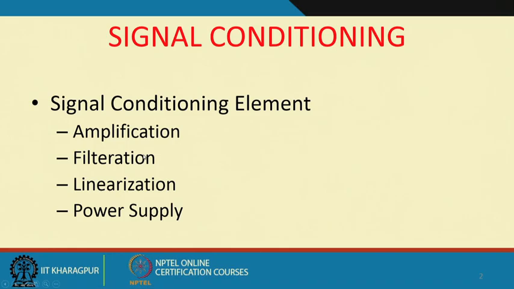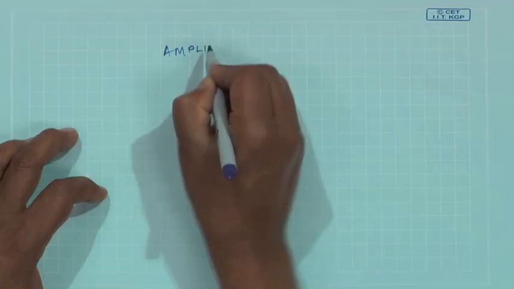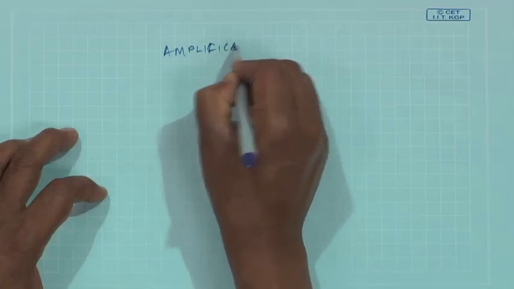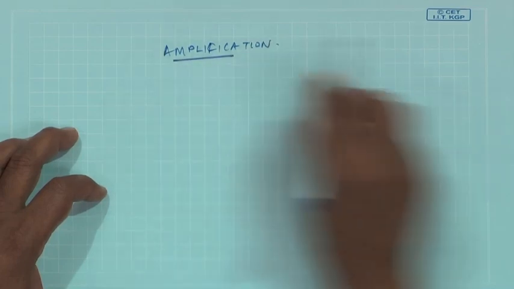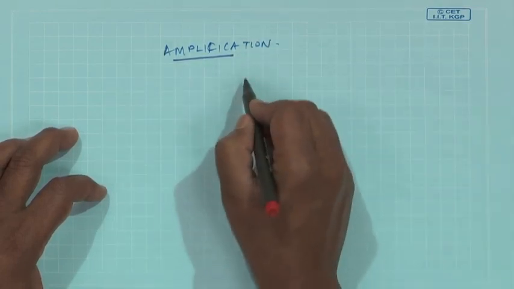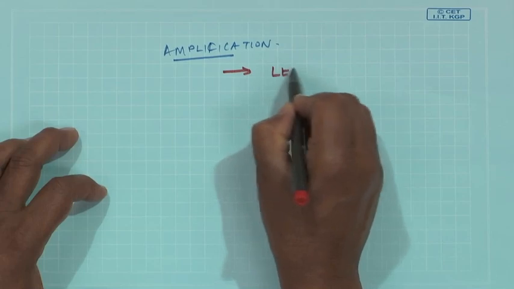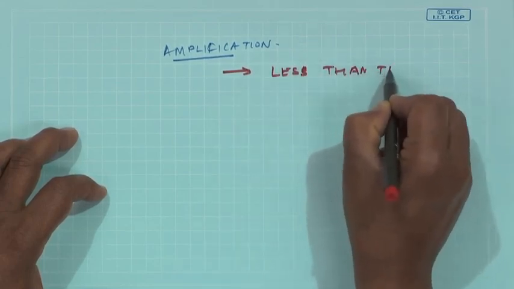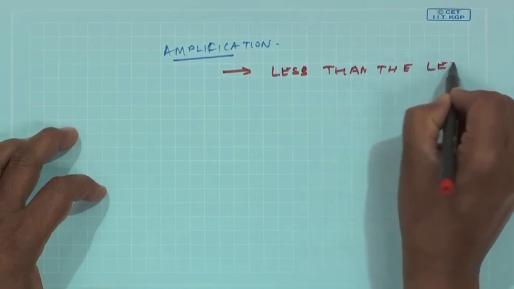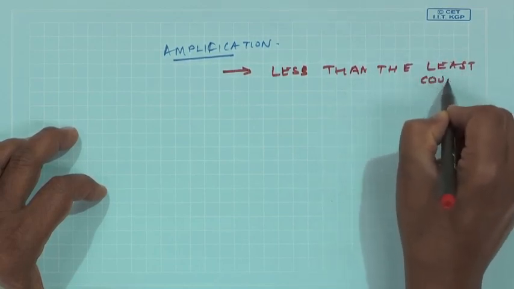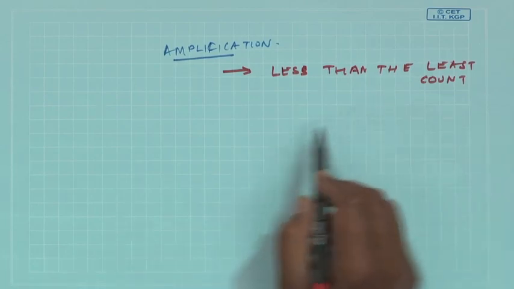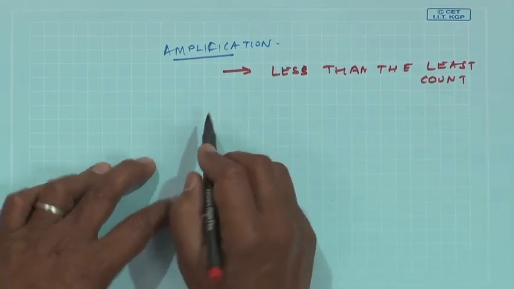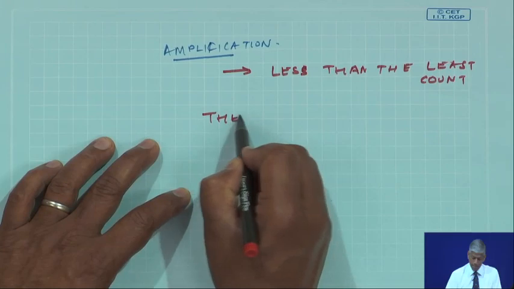But another very important aspect in signal conditioning is amplification. If the signal strength is less than the least count of the sensing element, I need to amplify it. I had given you the example of a thermocouple signal.